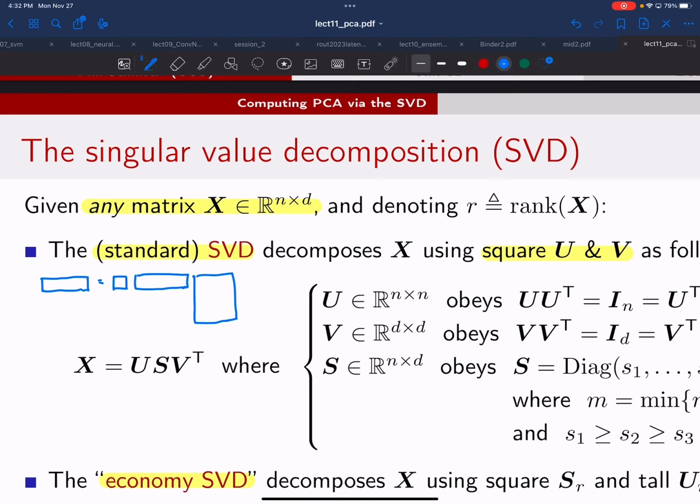Now, if you have a tall matrix, then you're going to have square, something the original size, and square again. These are different incarnations. Of course, if the original matrix is square, then it's just square equals square, square, square. So these are tall versus wide.